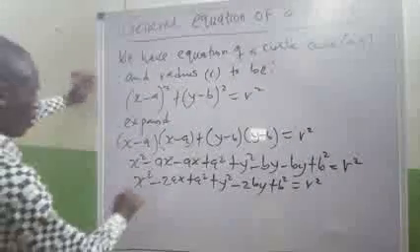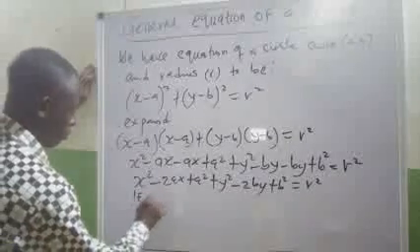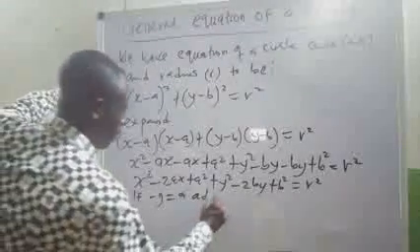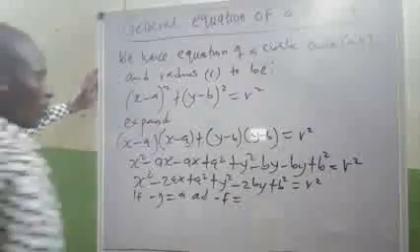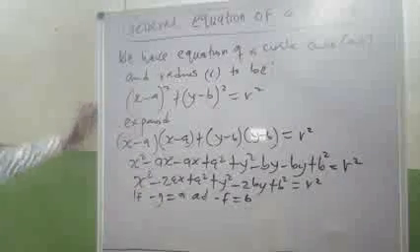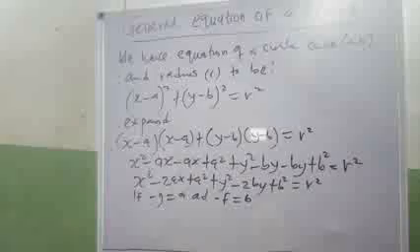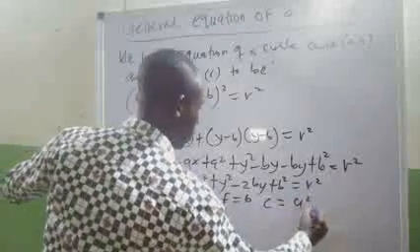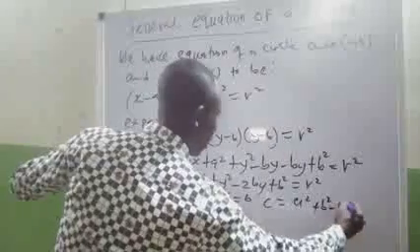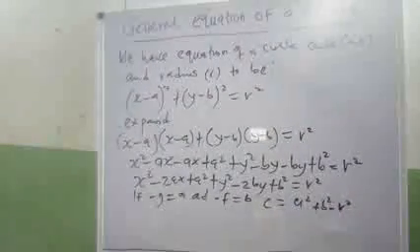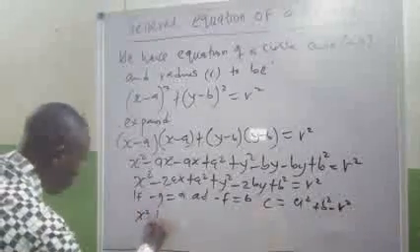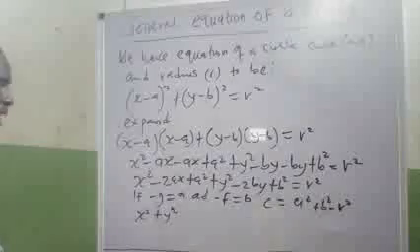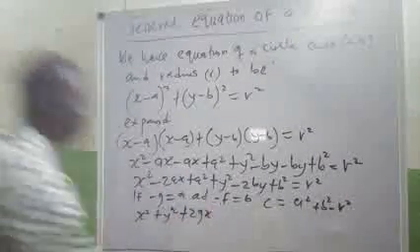So if minus g is equal to a and minus f is equal to b, and we take c to be equal to a squared plus b squared minus r squared, this equation will become x squared plus y squared, where you have a, change it to minus g, that will give you plus 2gx.